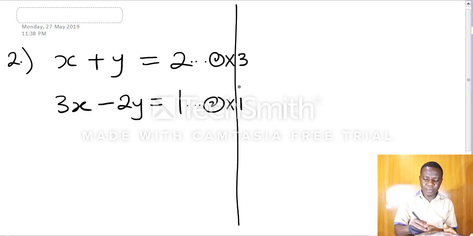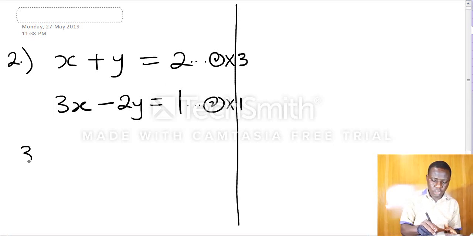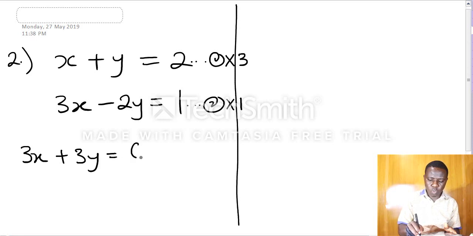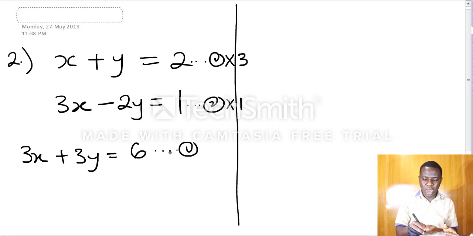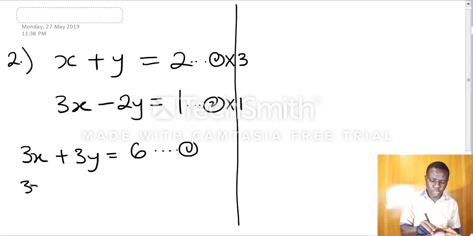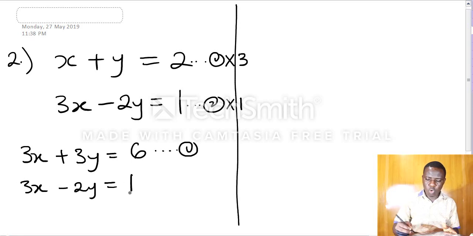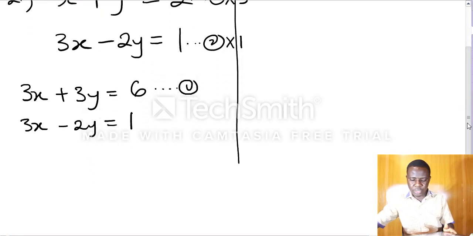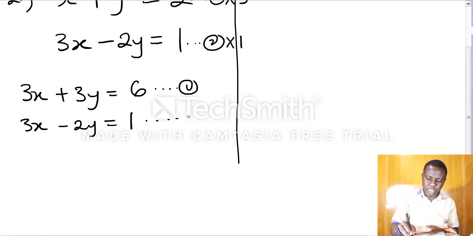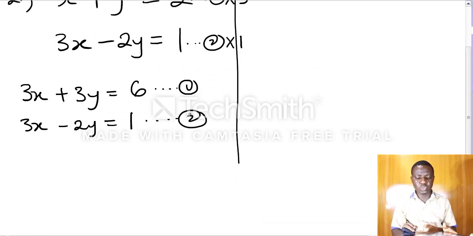So multiplying every term in equation 1 gives us 3x plus 3y is equal to 6. This is our new equation 1. Equation 2 remains 3x minus 2y is equal to 1. So by doing this, I now have a new equation 1 and equation 2 with the coefficient of x in both equations being equal.